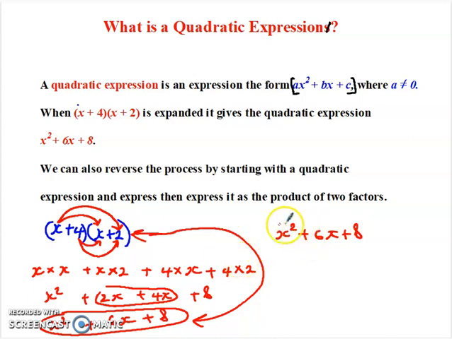And if you perform the reverse, you would get back the original x plus 4 times x plus 2. Right? So this is basically what we'll be going into for the next slide. So I just want you to get those two ideas so you can know when we are moving between.